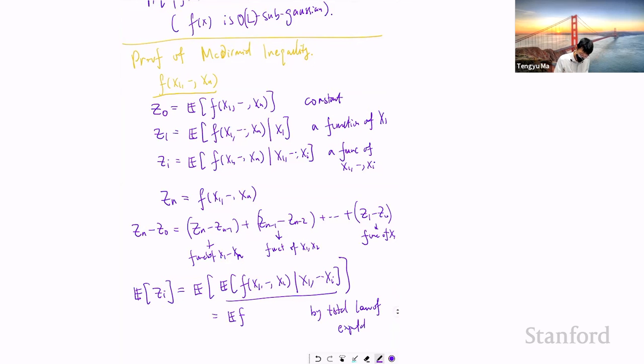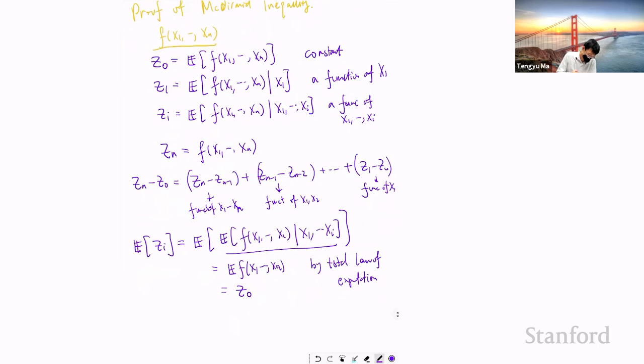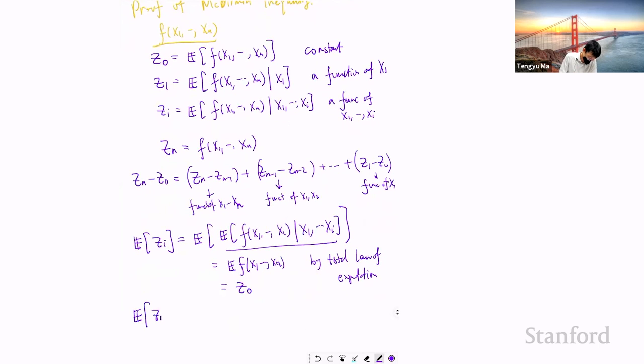This equals z0. This means that the expectation of zi minus zi minus 1 is equal to 0. So each of the random variables in this decomposition has mean 0.